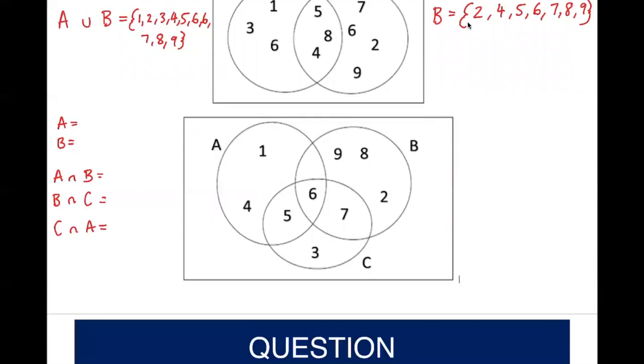I want to know what is A union B? Now remember, this is not asking you for everything that's on the page. It's only asking you for what's in set A and set B. Do not include things that are in set C. This one, I want you to do B union C. And then I would like you to do A union C. But the last question is, what is in the union of A, B, and C? Okay, pause the video, have a go, see what you can do.